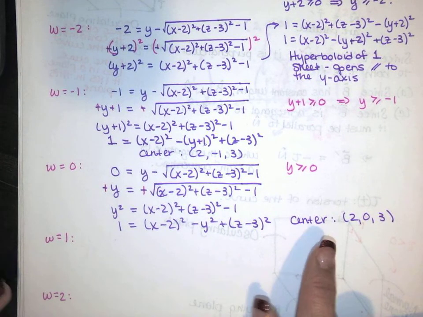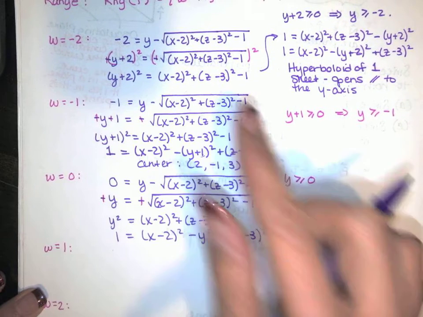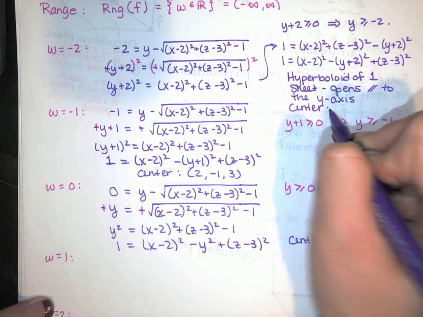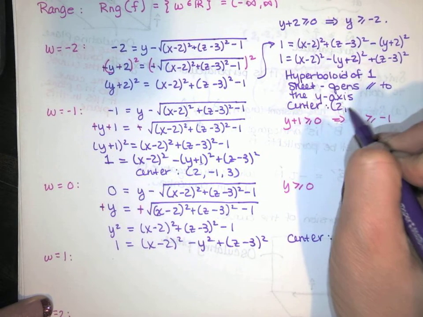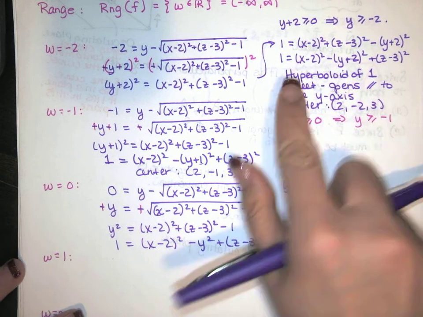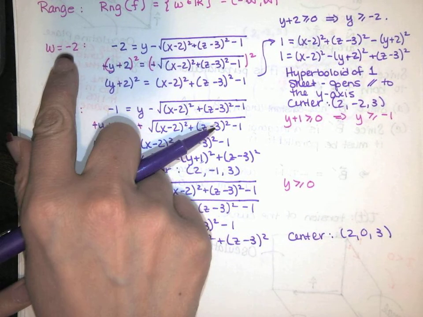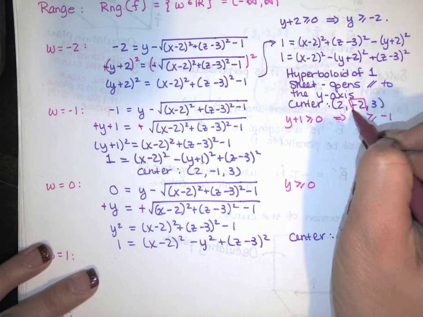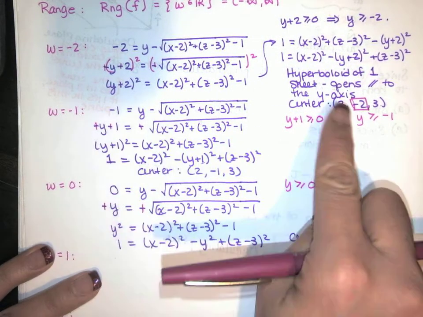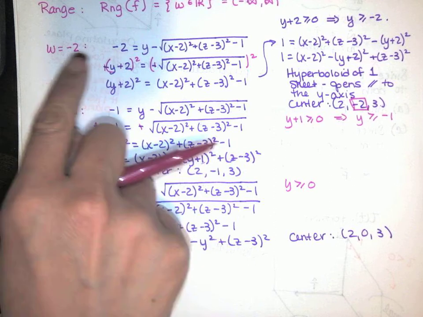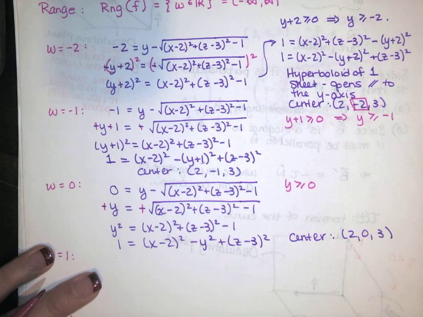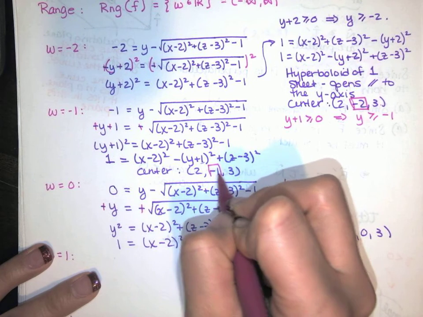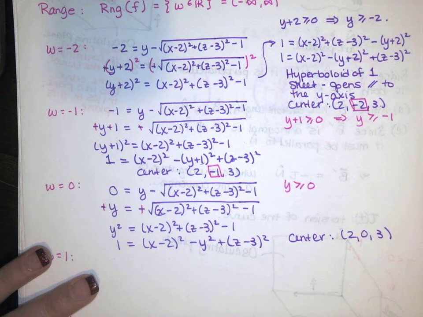I think that center is moving. The center for the first one was 2, negative 2, 3, when w was equal to negative 2. So the y coordinate of the center was negative 2 when w was negative 2. Then when w was negative 1, the y coordinate of the center is also negative 1.